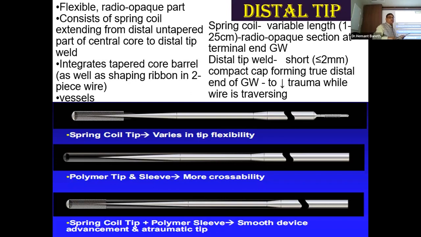So where you want to pick up micro channels, you can use this polymer tip wire. There was one wire called Cross-It wire, which was basically a polymer wire, and you could use that for picking up these micro channels. Nowadays, the Fielder FC wire is something like that, which has a polymer tip, and you can cross with it. And then there could be an intermediate type where you not only have a coil, but you also have a polymer coating.